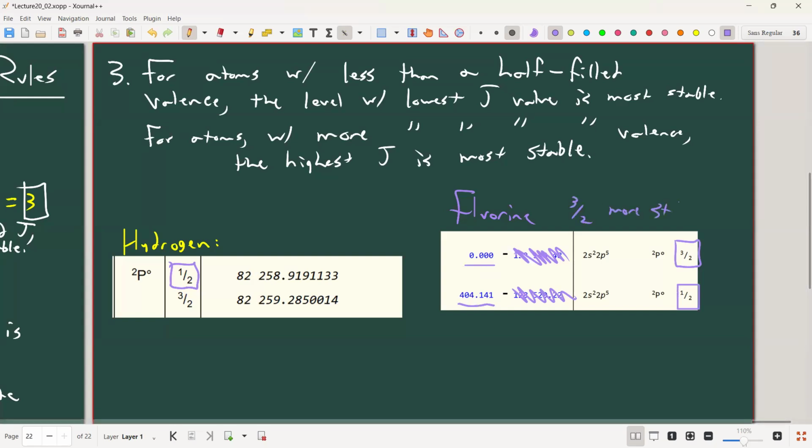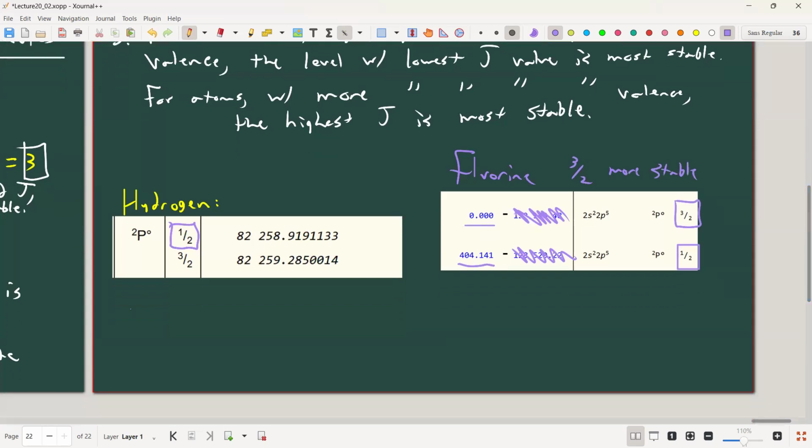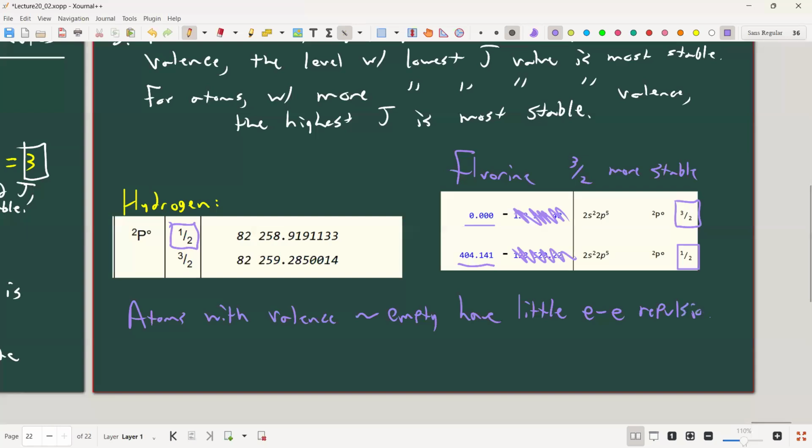Now, why is that? 10-second explanation. Atoms with empty valences have little EE repulsion. Right? There's very few electrons around in a valence, meaning they want to be close to the nucleus.